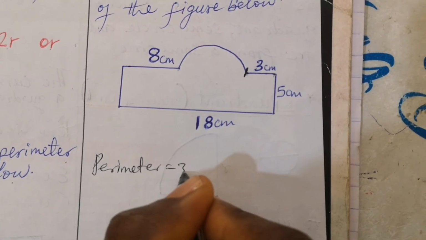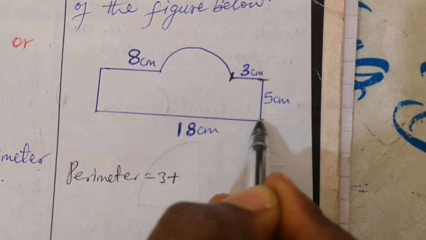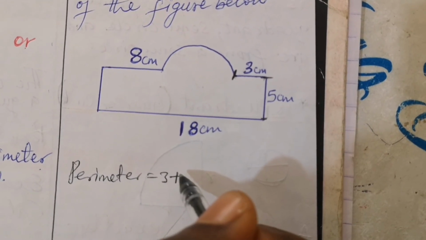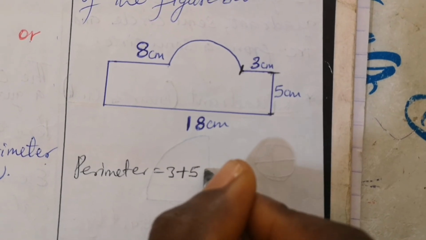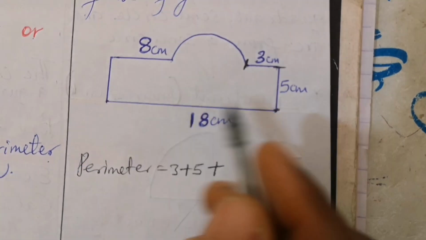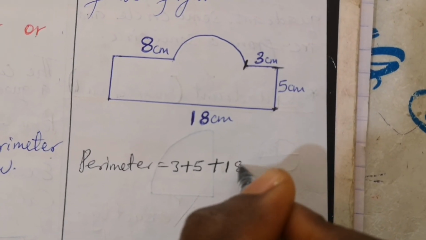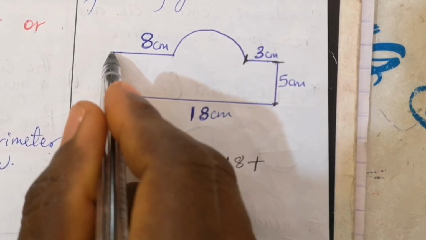So I will say 3 plus, then from here to this place, 5, then plus from here to here is 18, plus from here to here.